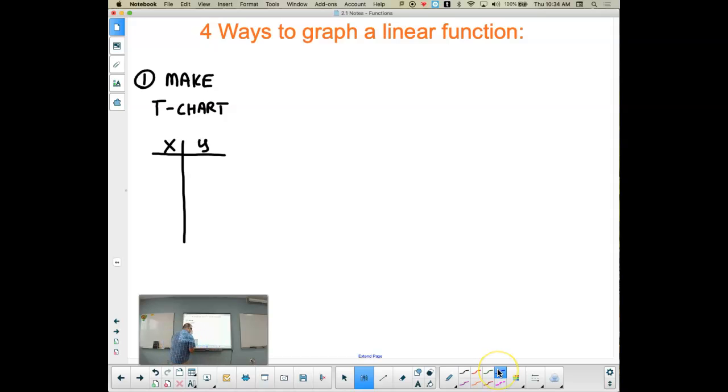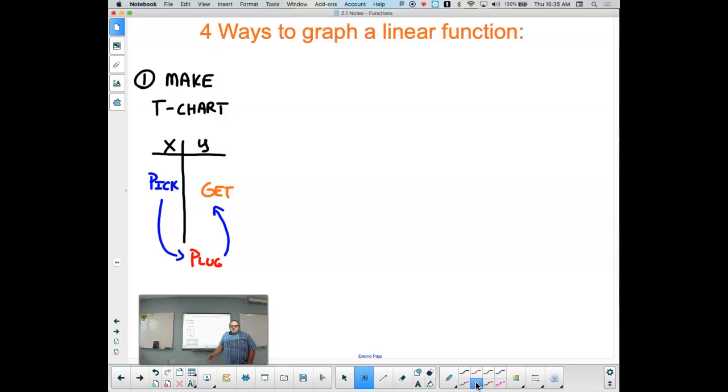Where you pick 3 or 4 x values, plug those into your function, and get out the corresponding y values.